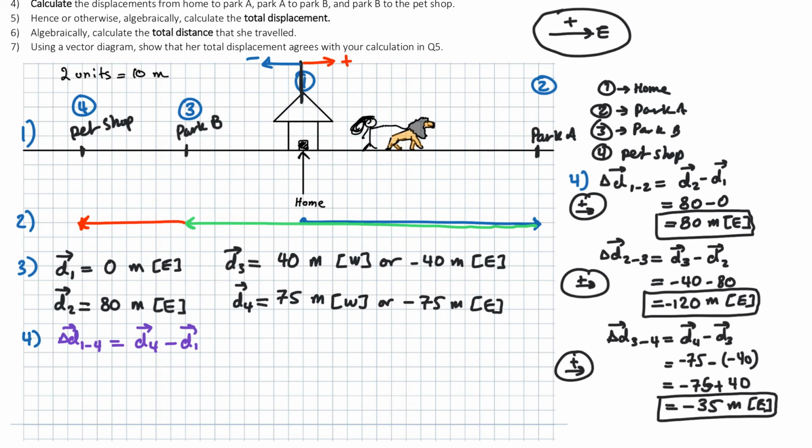So again, that's 4 minus 1. And I'm going to take east to be positive here. In this case, position 4 is negative 75 meters in the east direction, and I'm going to subtract position 1, which is just 0. And that's going to give me 75 meters east.